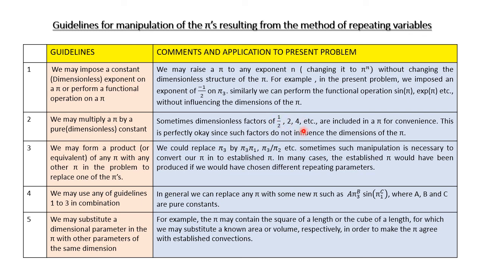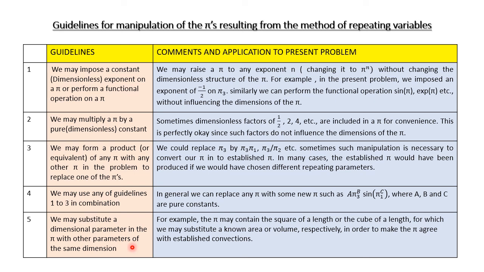Next, we may form a product of pi terms, like replacing pi 3 by pi 3 into pi 1, or pi 3 by pi 2. These are all manipulations of pi terms in order to get more socially accepted pi terms. Next, we may use any combination of guidelines 1, 2, 3, all three together. And the last one: we may substitute a dimensional parameter in pi with another parameter of the same dimension.